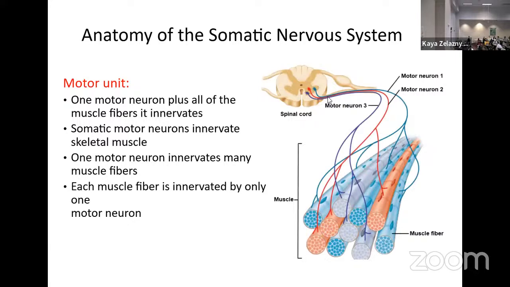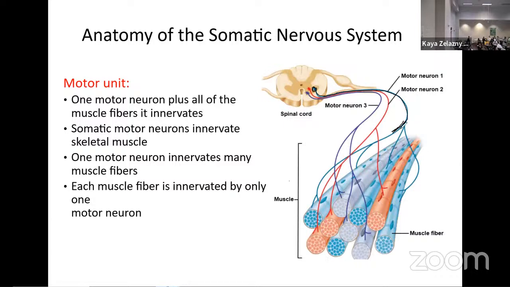So here we're looking at a variety of motor units. So we can see 3 motor neurons, 1, 2, and 3. We can see that they are each going to muscle fibers within a named muscle. So here you've seen in lab how muscles look kind of thready, right? So it shouldn't be a surprise that they have fibers within them. Right, so any given motor neuron is going to start out as one neuron with one body here in the spinal cord. As it comes out, it may have branches, right?